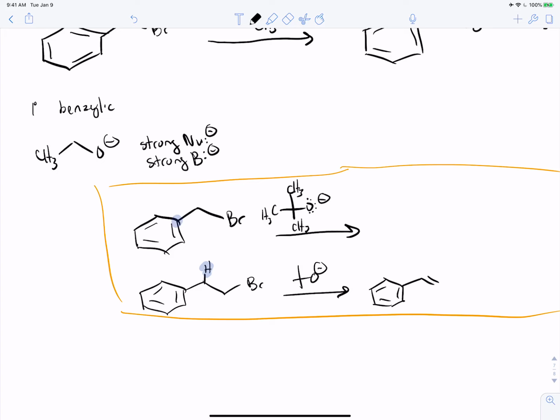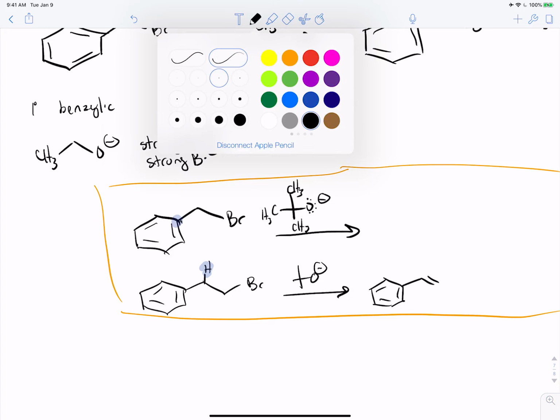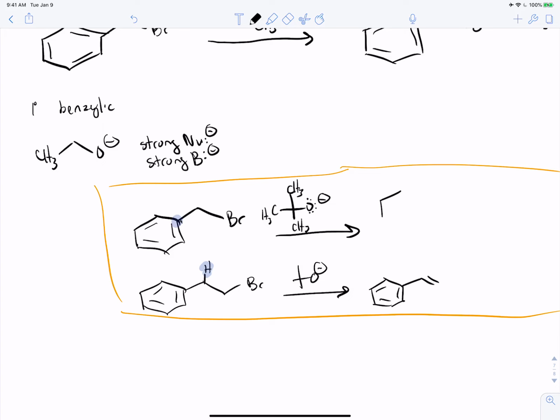But here, there is no E2 possibility because you don't have any beta hydrogens. So even though things are kind of geared away from SN2, it's still the only plausible reaction path forward.